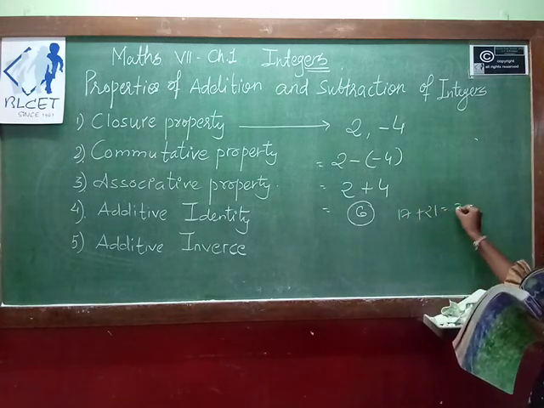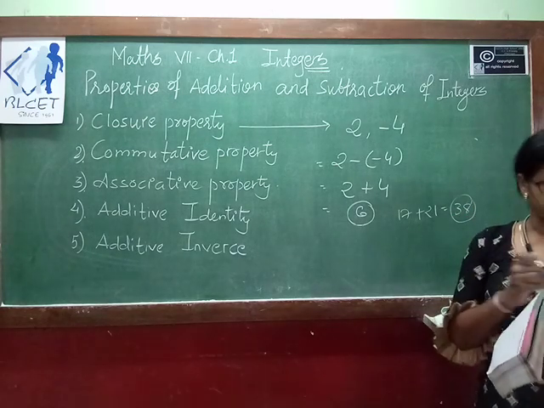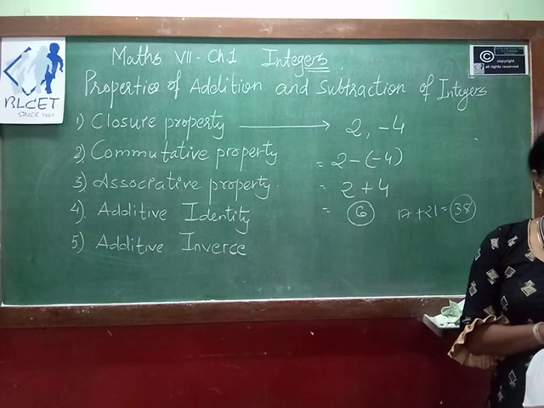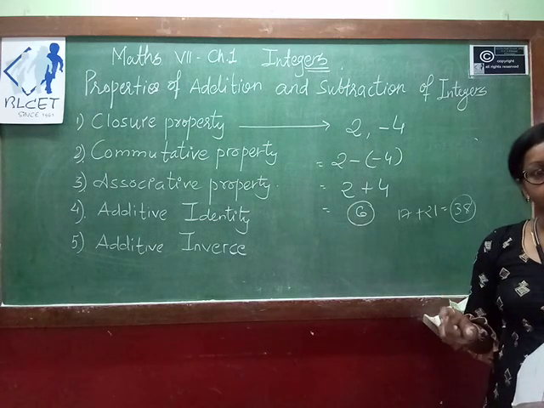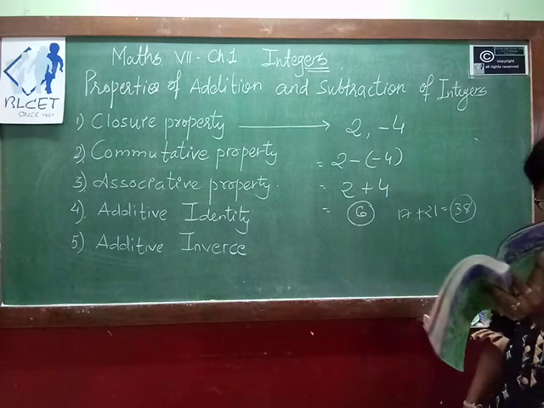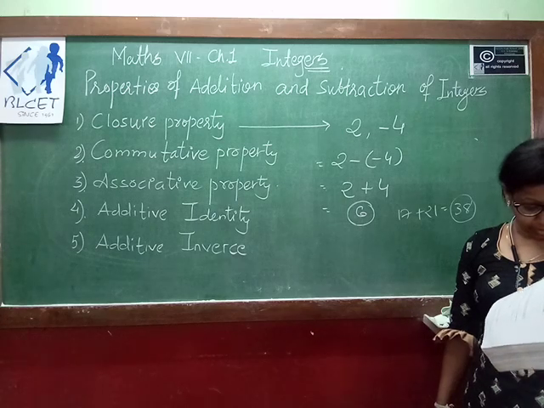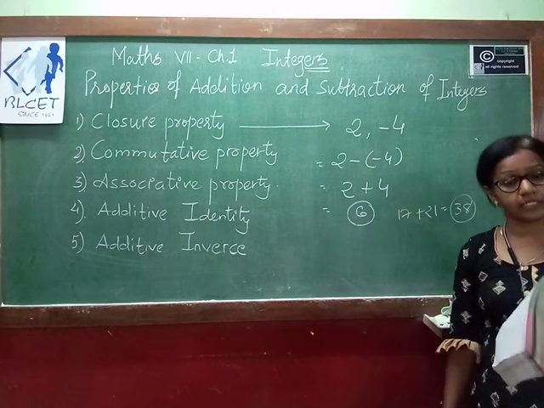What is the answer? 38, and 38 is also an integer. So you do the addition or subtraction by yourself and check whether the answer is an integer or not. If we have two integers a and b and we do the subtraction, whatever answer we are getting is also an integer.